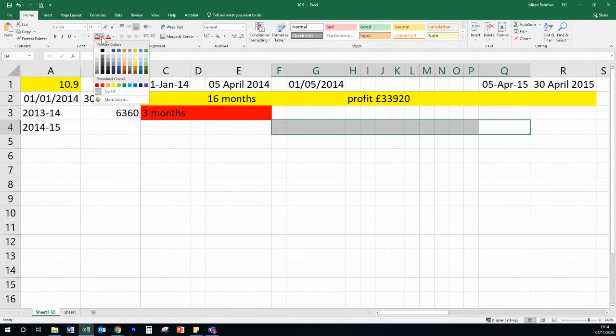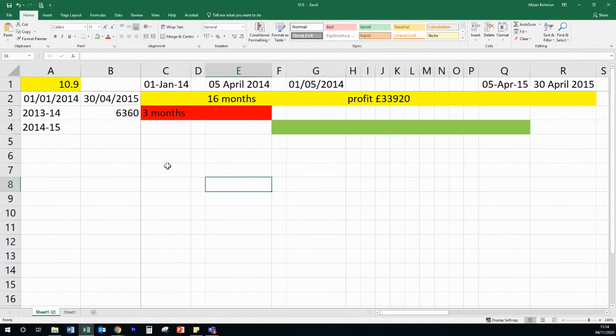So let's give it another color, and we get this period. Now this is 12 months. The rule says it must be 12 months. Then how much profit should be there, that's what we need to calculate.